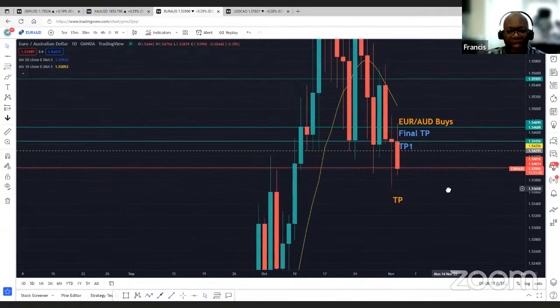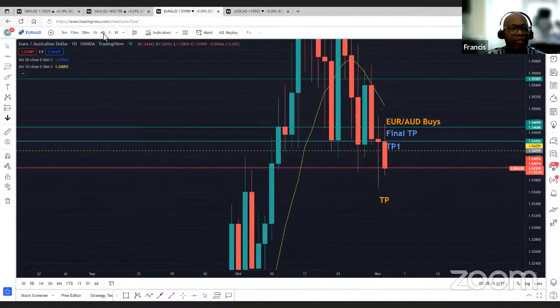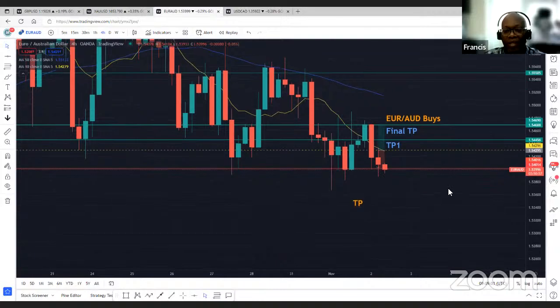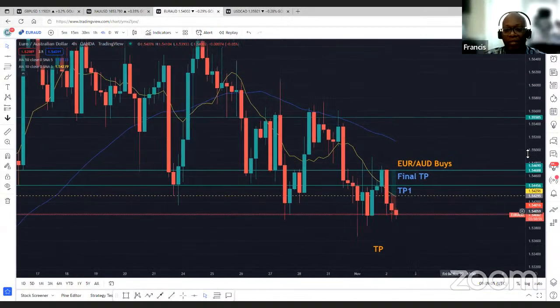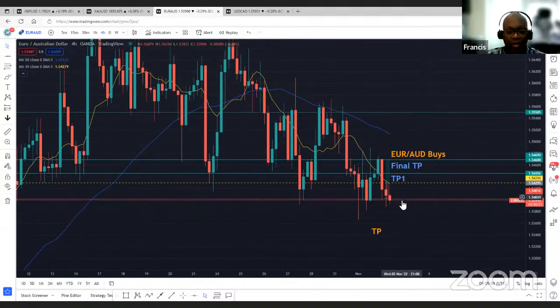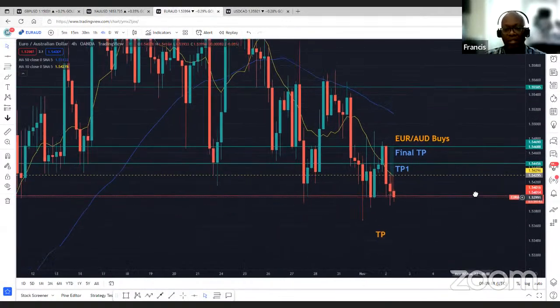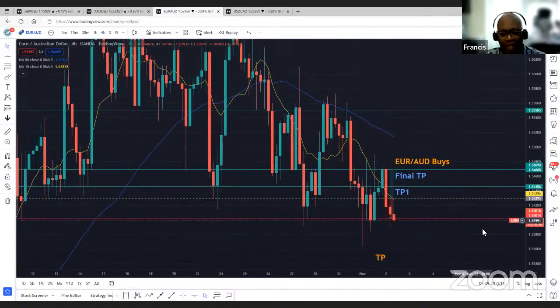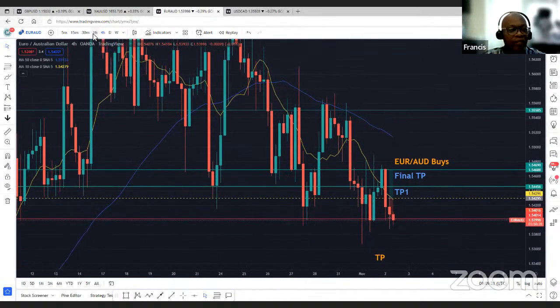I personally don't think it's going to drop much further. I'm looking at the daily time frame. Let's look at the 4-hour. Okay, I personally don't think it's going to drop much further today. The drop might continue tomorrow, but I don't think it's going to continue further today.